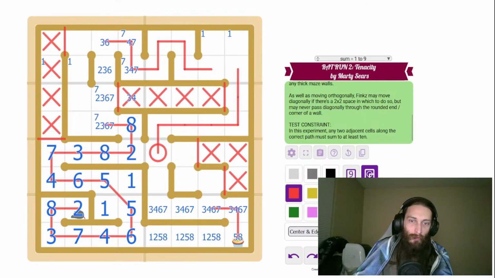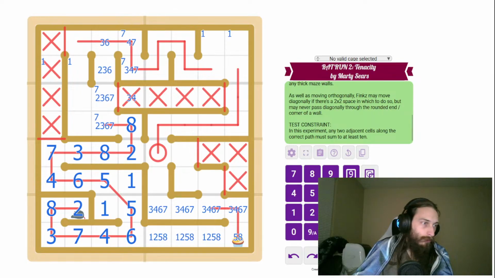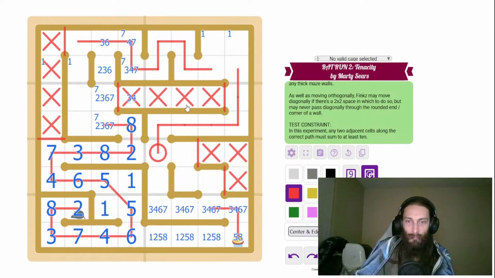So that's going to be a red line that has to go this way. And it's got to go down. And so that can't be a 1. So now 1 could be placed in box 1.